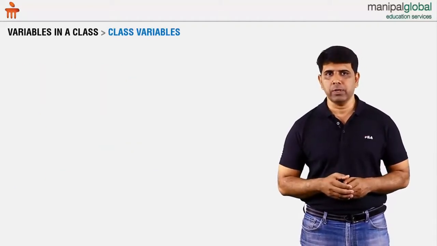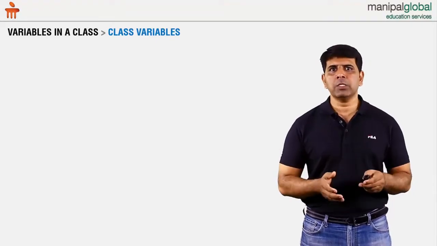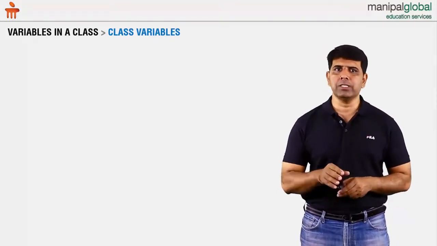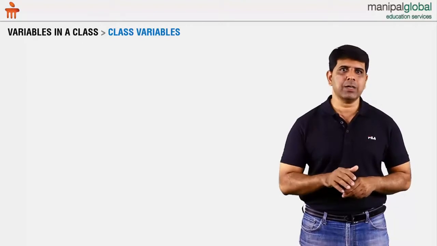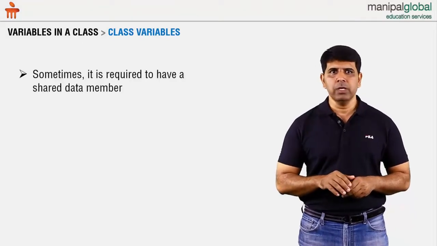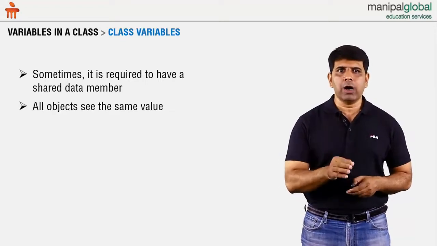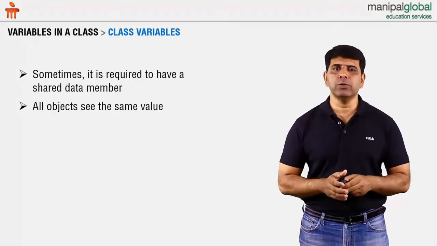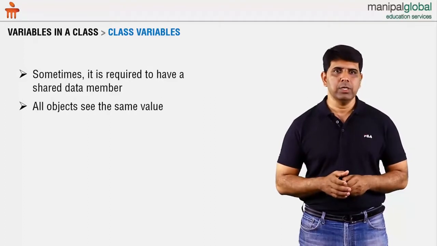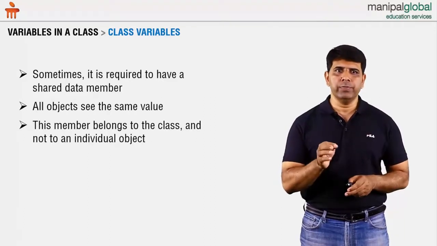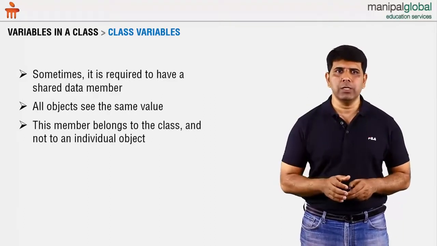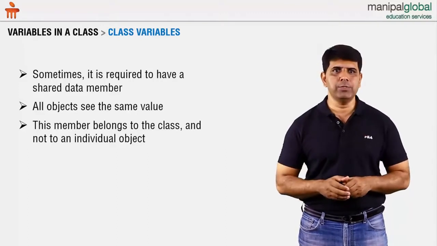So that's not allowed. Now in a class, you can also have some variables that do not belong to an object, and these are called class variables. Also they are called static variables. So all objects see the same value from the static variable. Now they are all shared. This member belongs to the class and not to an individual object.